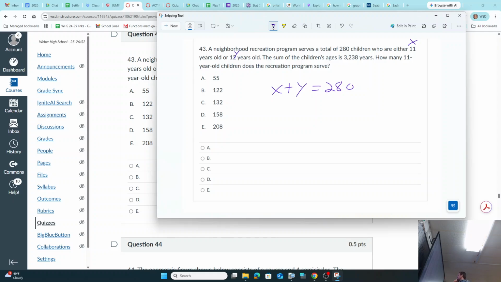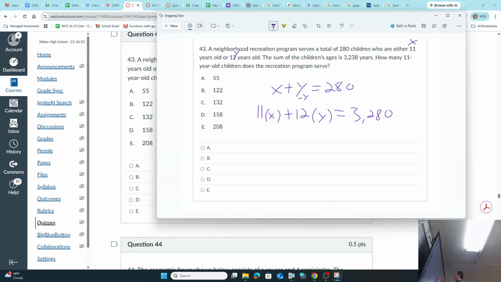Let's see. We don't know what the children's ages are, so that'll be 11 times that many children plus 12 times that many children equals 3,280. Okay, so you can just substitute.